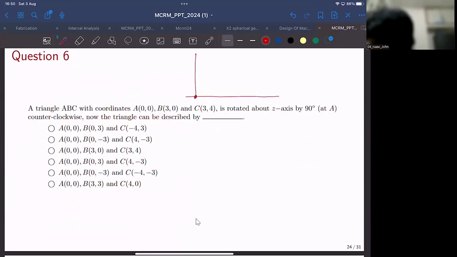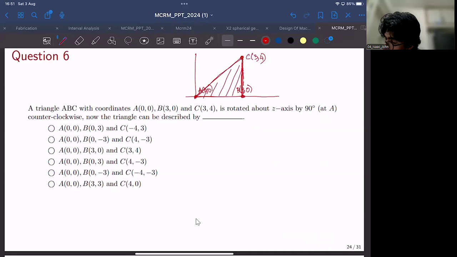This is coordinate A 0,0, and this will be B. Sorry, B would be 3,0, and C would be 3,4. I believe it's correct, C is 3,4. Yes, this is the triangle.